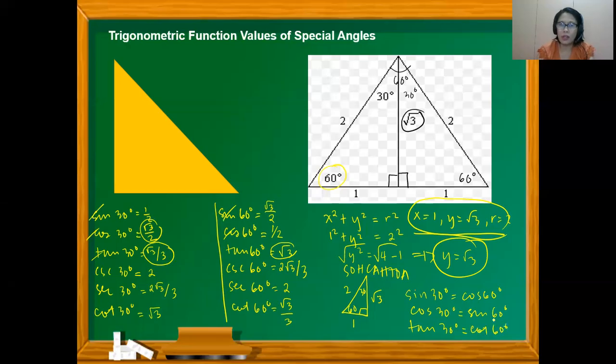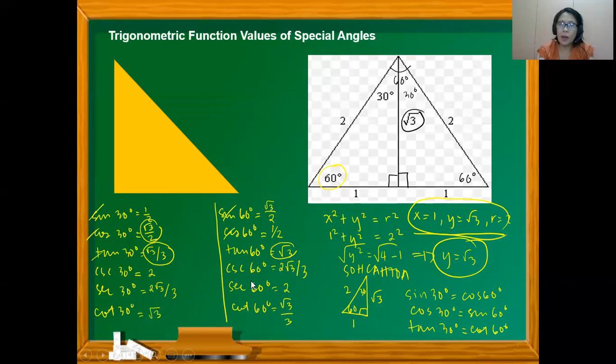And for the other reciprocal functions, cosecant 30 is equal to secant 60, secant 30 is equal to cosecant 60, and cotangent 30 is equal to tangent 60.